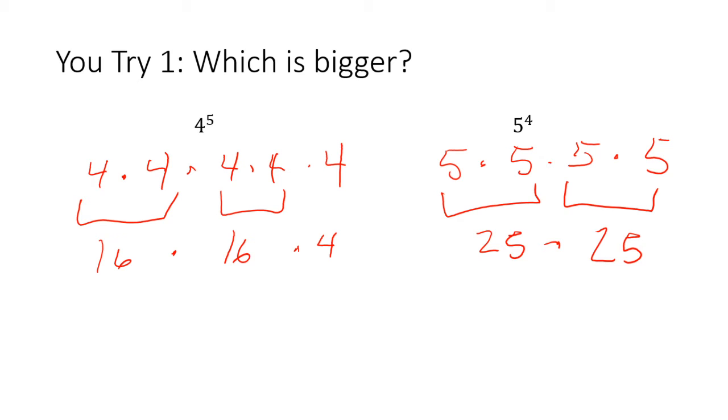So now let's start multiplying everything together. 16 times 4 is 1024. 25 times 25 is 625. Huh. 1,024 is bigger than 625. Interesting.